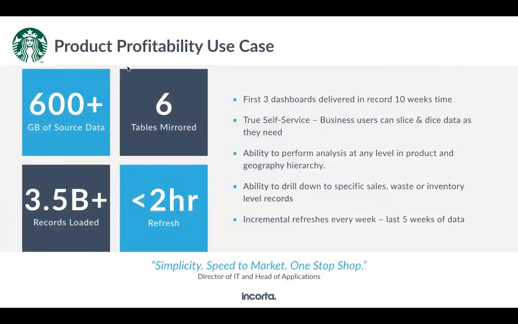So they now have, at the store manager level, the regional manager level, the VP level, down to those awesome chocolate covered graham crackers that I love, how that exact SKU is trending on a sub-daily basis, to see exactly what's going on so they can see trends in their business. 10 weeks start to finish, shrinking that analytic supply chain.